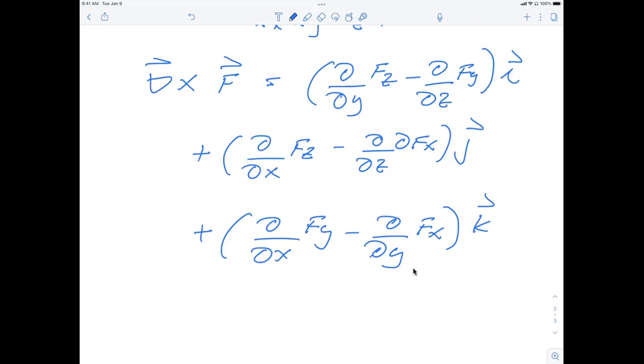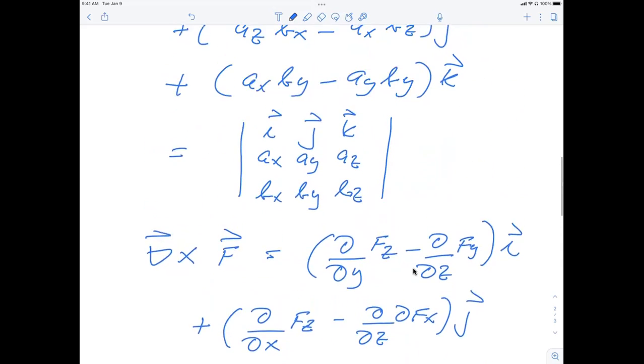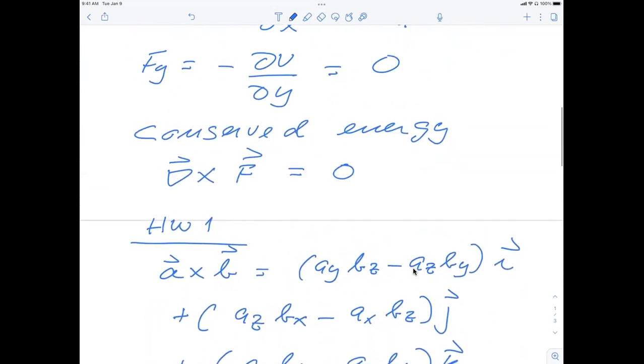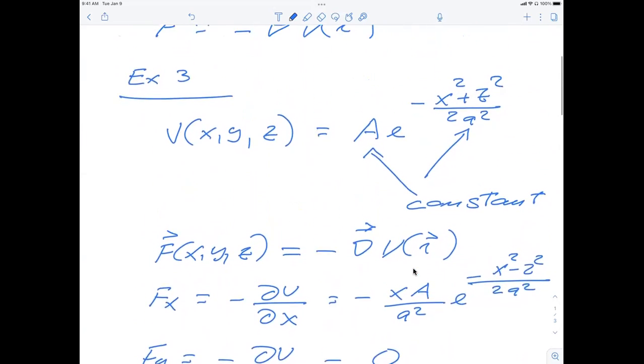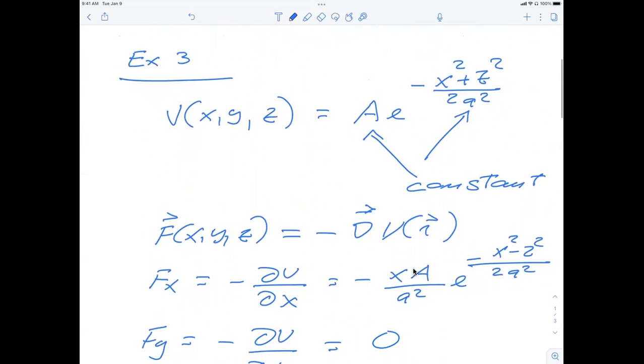Then you can say this is a conservative force. So the first step in exercise 3 is to calculate the force from the potential. You need the expression which you see here. That's the first thing you need to do, to find the force.